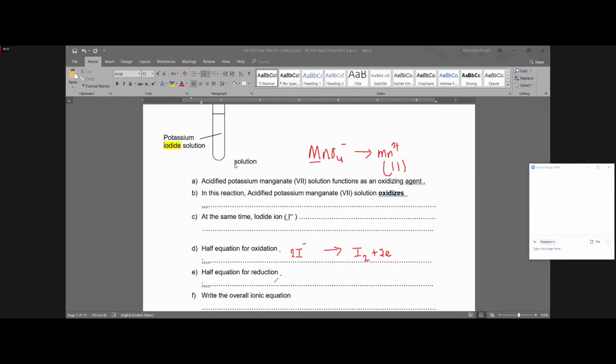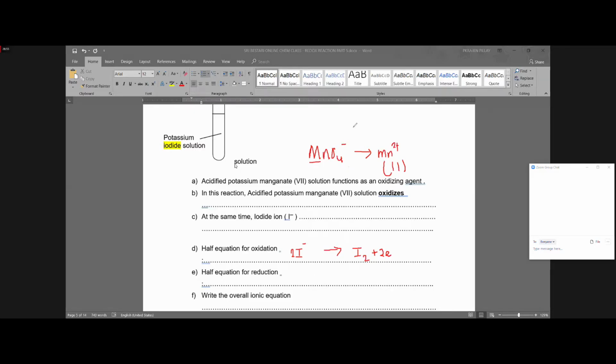Did I teach you how to write the half equation? I told you to memorize the calculation part, but not the details. No, not yet, sir. We didn't do it. Okay, I'm going to show you how you do it.